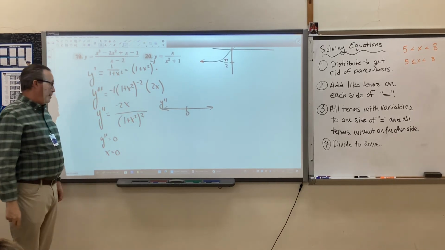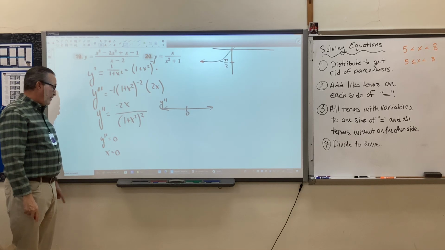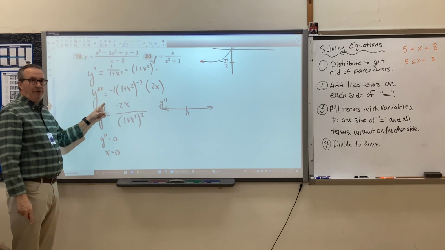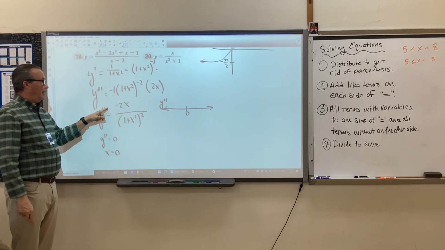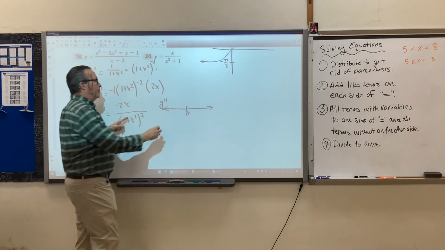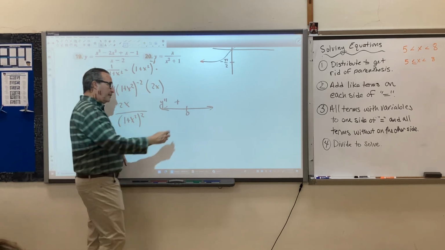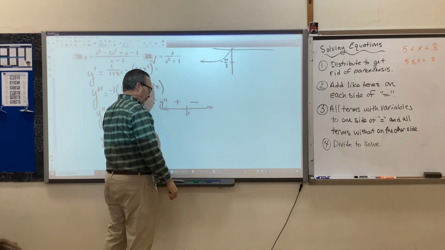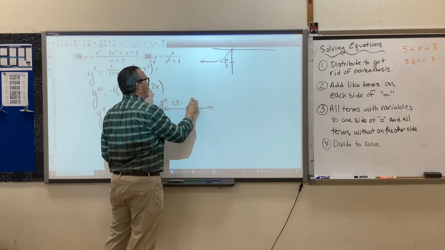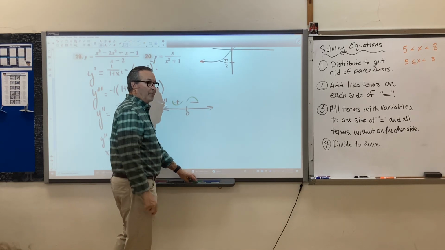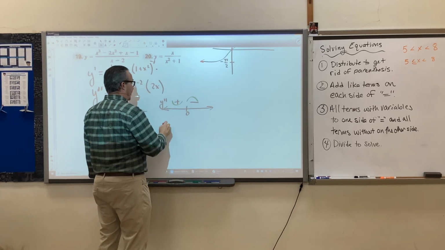So let's label y double prime. We can check the sign of the second derivative for numbers to the left of 0, like negative 1. It's positive. And to the right of 0, like 1, negative. That means the function is concave up and then concave down, which we already knew, right?